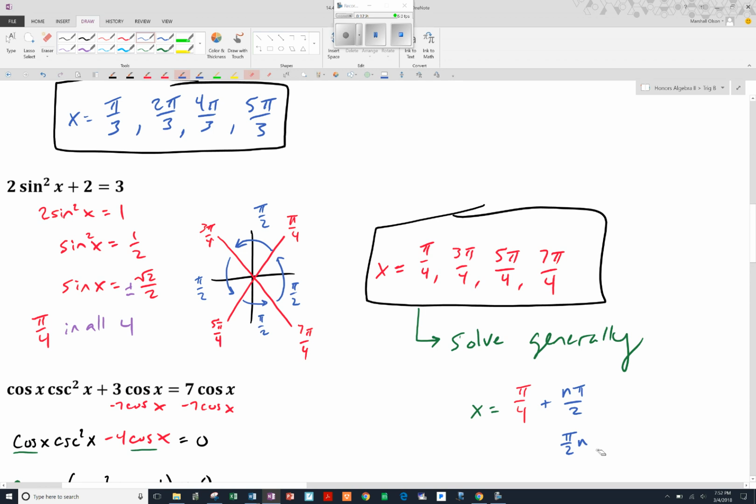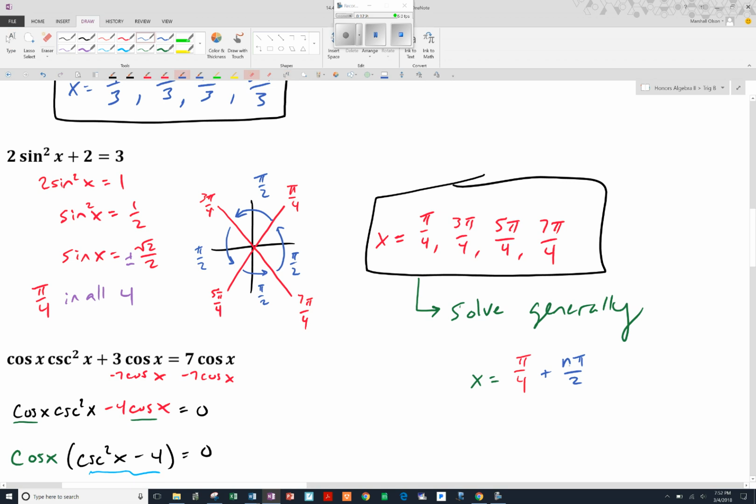Any of those versions would work, or you could do it in other ways too. 1/2 times n pi. I kind of like this because it simplifies the fraction. This covers everything. If this were a solve generally problem, that would be our only answer. Pi over 4 plus multiples of pi over 2 would cover the infinite answers to that problem, and that is how you would simplify the general solution for that problem.